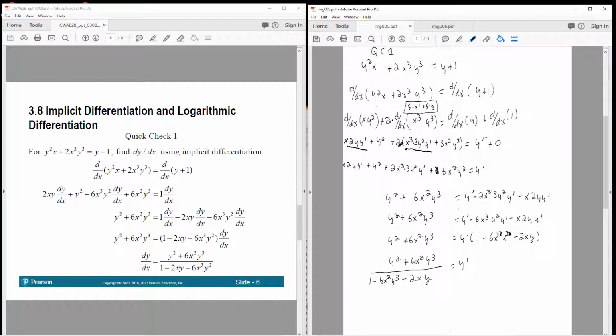So I distribute here first, and I have 6x, and I have 2 here, y squared. So I send everything else to the other side. See all my y prime terms on one side.